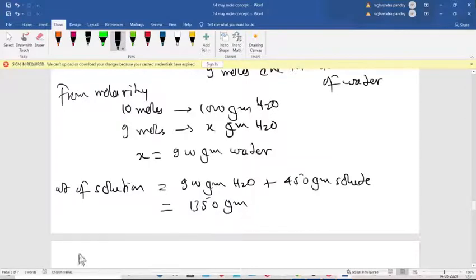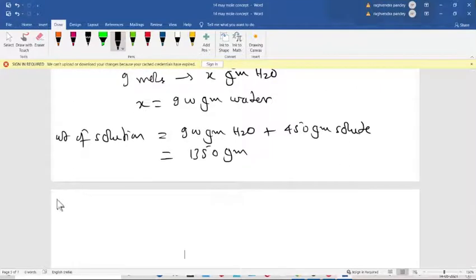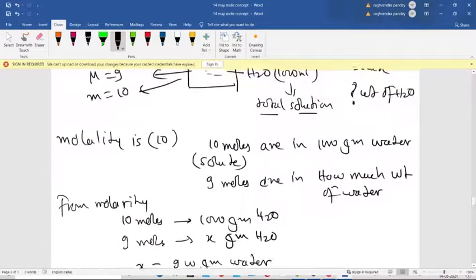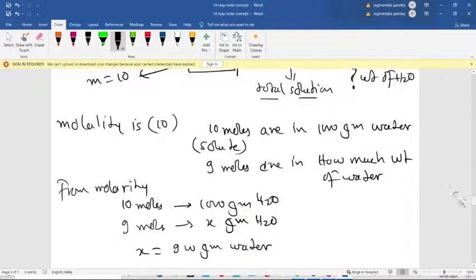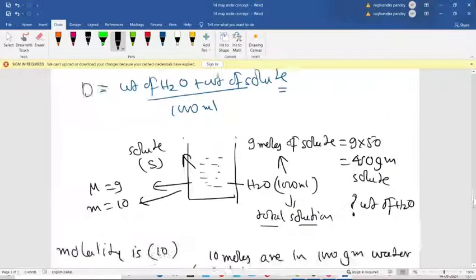And 1350 gram is in 1000 ml, because ultimately we have to calculate for the 1000 ml. That is the ultimate requirement.